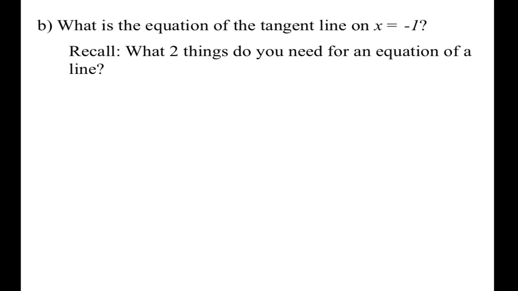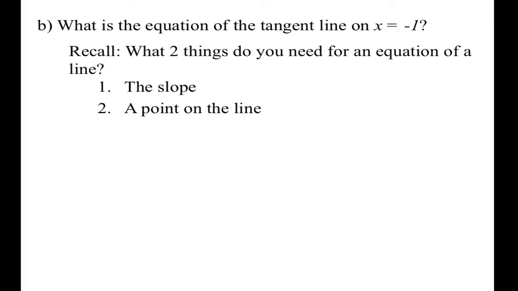Now, what is the equation of the tangent line at x equals -1? This should be a review of Algebra 1. When you find an equation of any line, you need two things. Does anyone remember what the two things are? You need the slope, which we calculated in Part A, and then you need a point on the line.